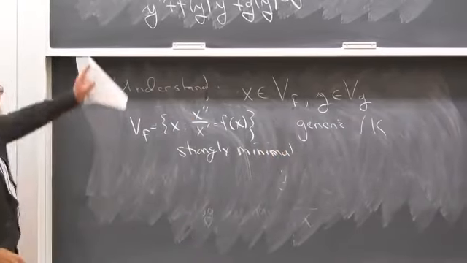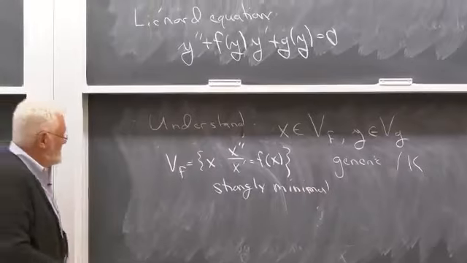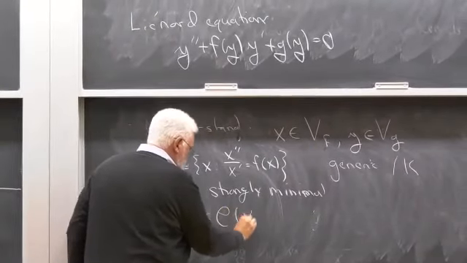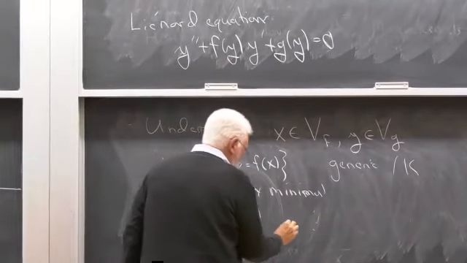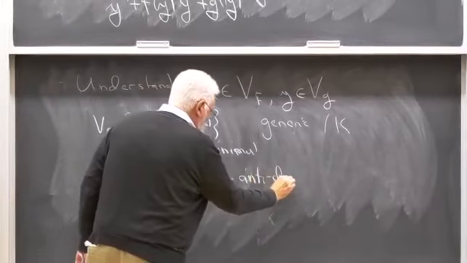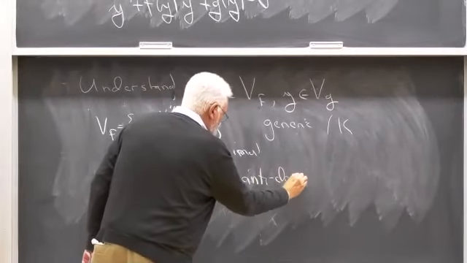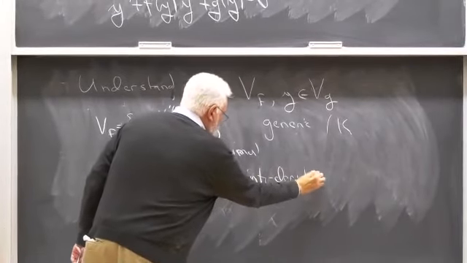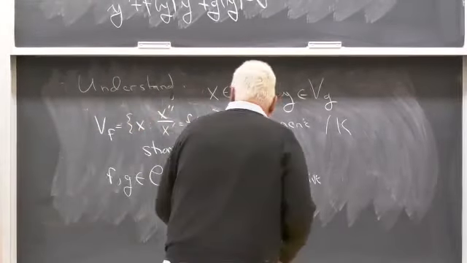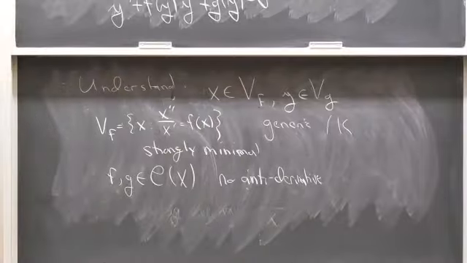No, that was only in this weird case. These are just F and G. Sorry, I should write this out carefully. F and G rational functions over the constants with no antiderivative. Okay, thank you.